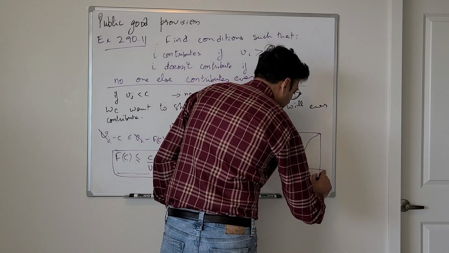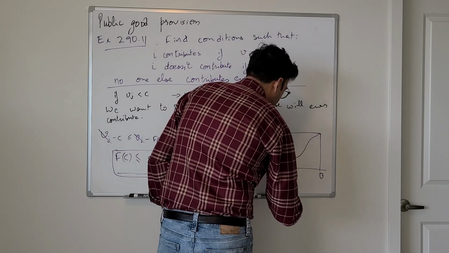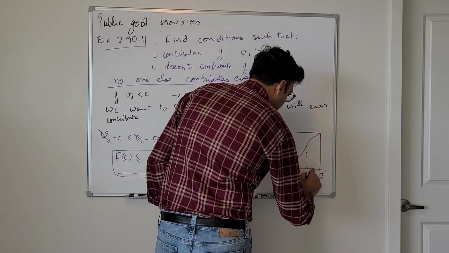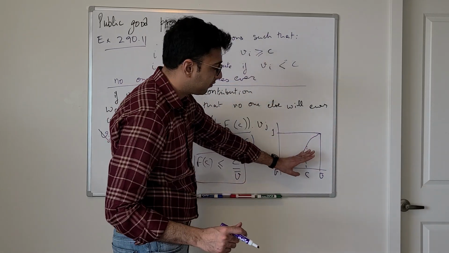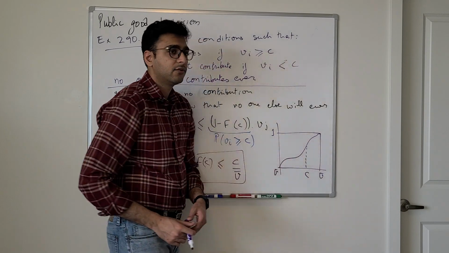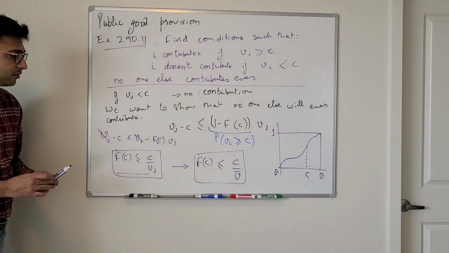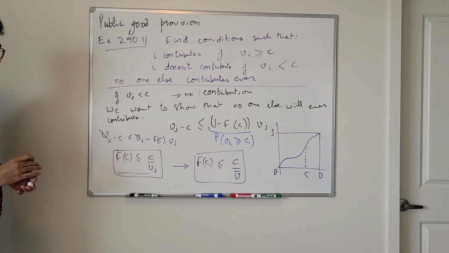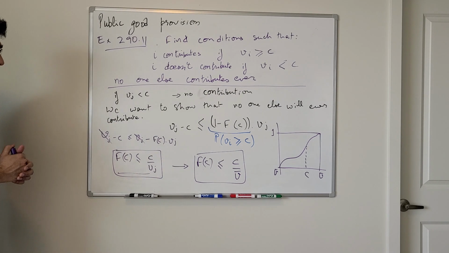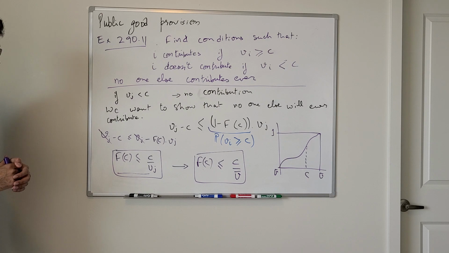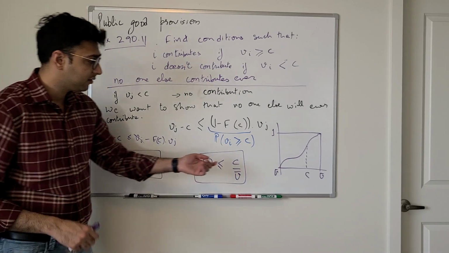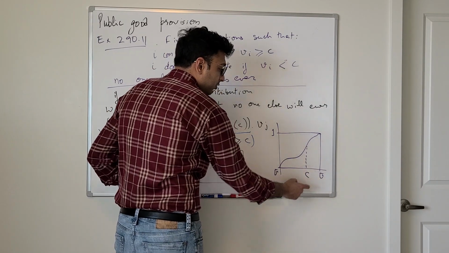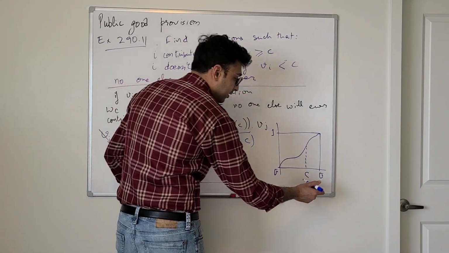This is 1, this is V upper bar, this is V lower bar down here, and let's say this is C. The restriction is that f of C should be small enough that I am not willing to contribute. So what it does is it puts more mass, more likelihood on the valuation of player I to be in this region.